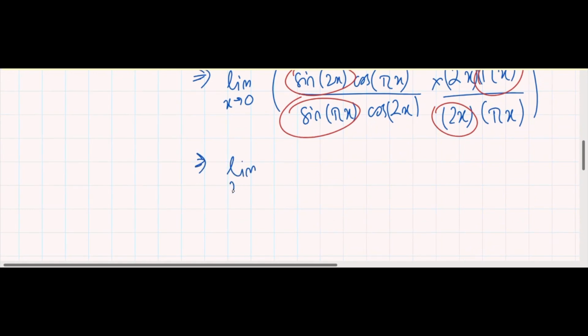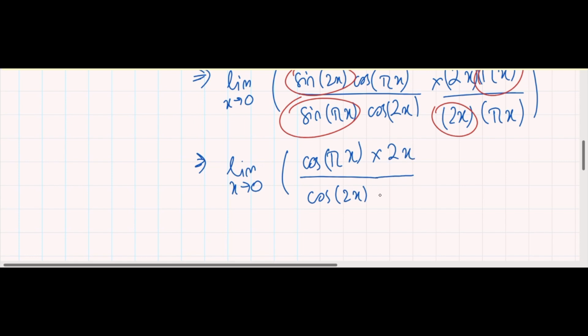limit x equals 0 of cos pi x upon cos 2x, and just expanded a bit, we have multiplied by 2x and by pi x, because these form multiplication by 1. If we expanded the limit there, I'm not adding those extra steps.